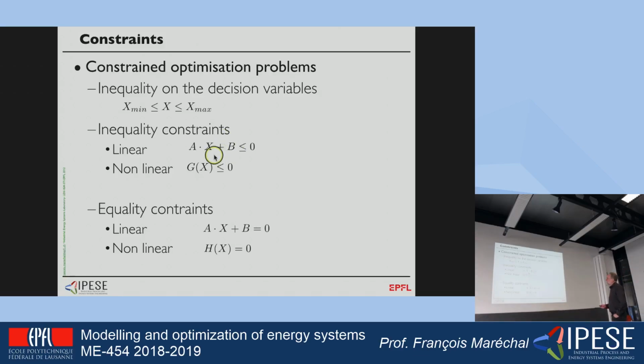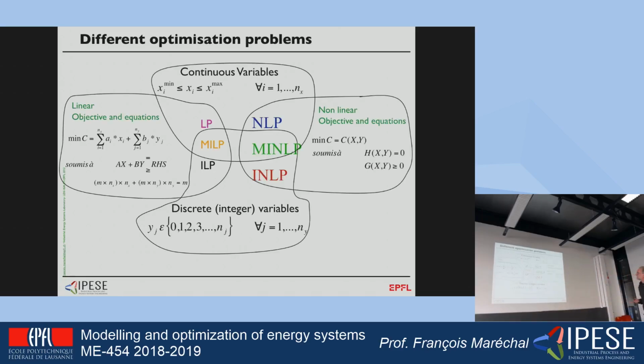Or nonlinear, meaning that in this case there is a function of the variables and some parameters, but that has nonlinear relationships. So it means that at the end we will have different types of optimization problems.